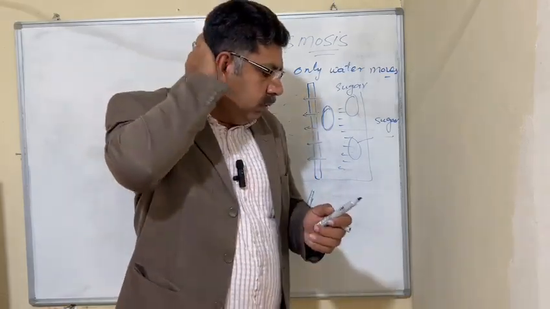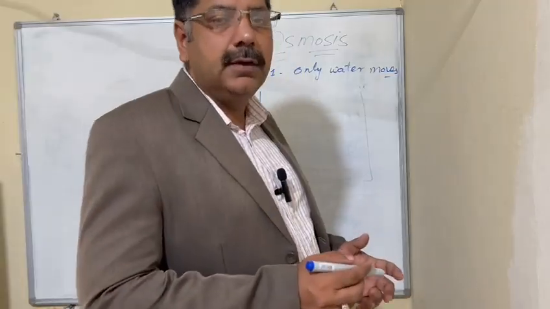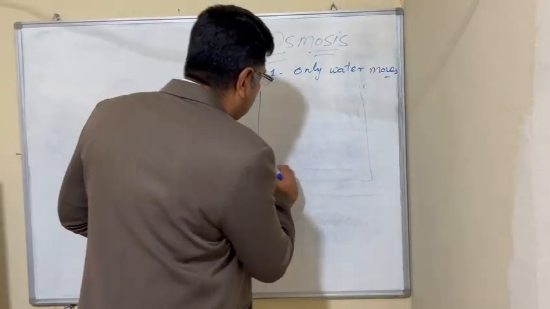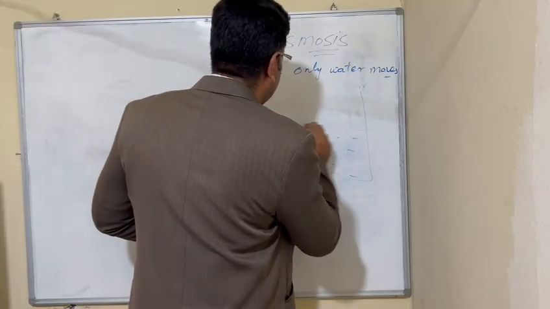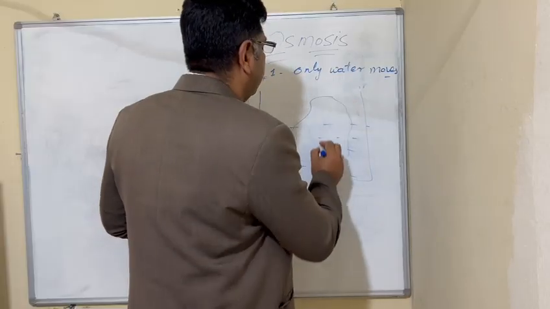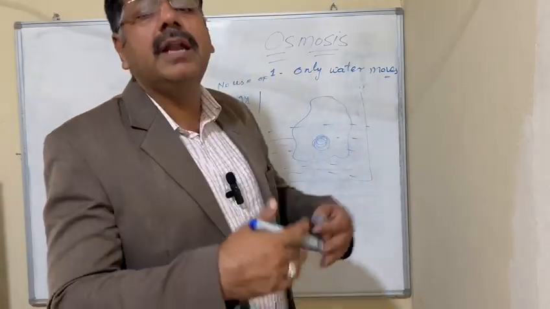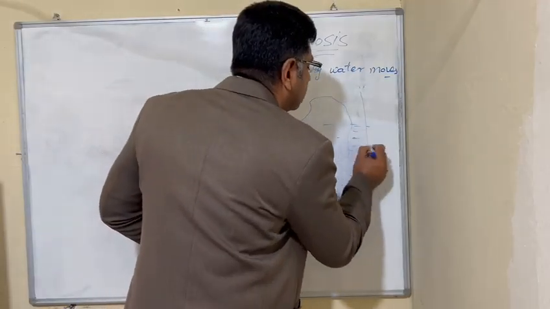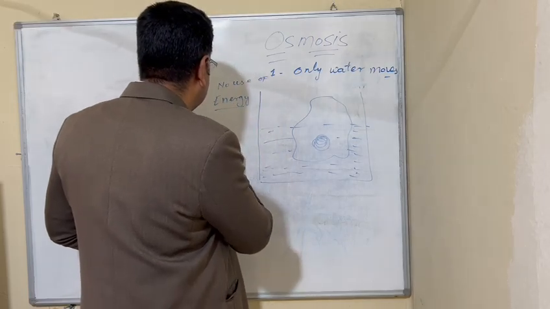Further to this, how is it significant for animal cells? Let's have a look. If we have a water tub, and in this water tub we place an animal cell or a red blood cell, outside it is pure water.